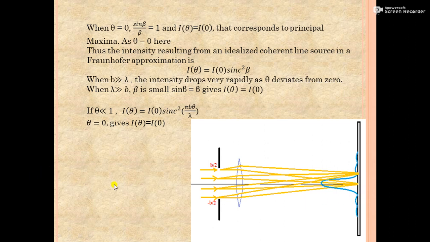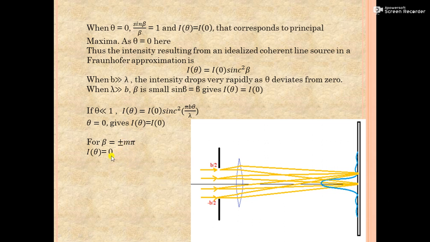To get the minima, beta equal to plus minus m pi gives the value 0, so I theta is equal to 0. Here m varies from 1, 2, 3 and so on, because m equal to 0 gives the position of the central maxima.